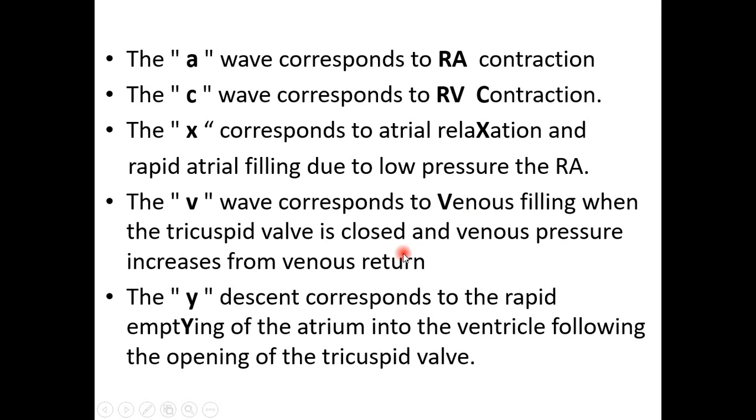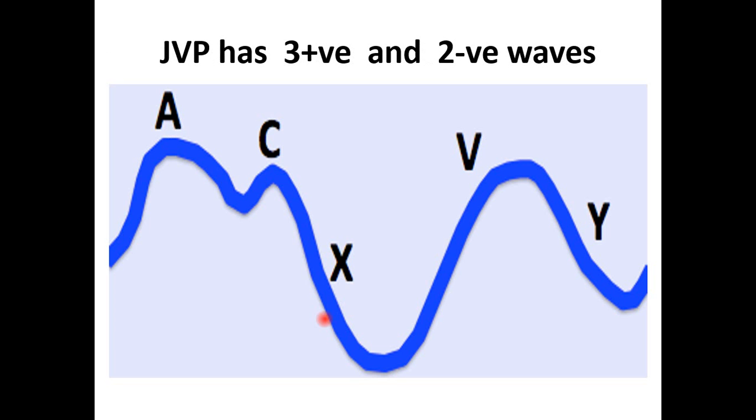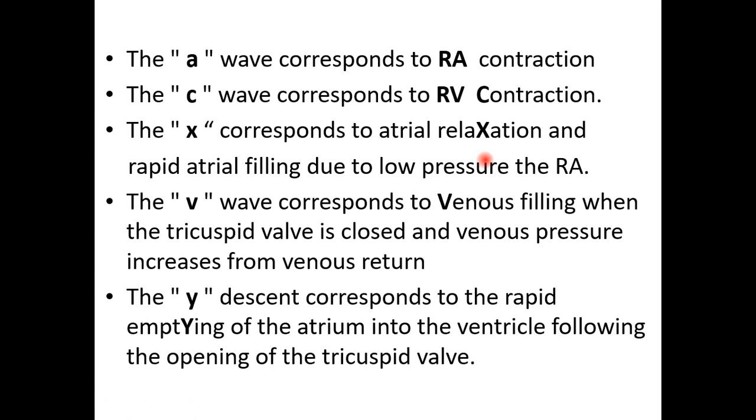So blood enters the right atrium, and there is venous filling and congestion. The tricuspid valve is closed. When the tricuspid valve closes, the V wave appears at the end. So the V wave corresponds to the venous filling when the tricuspid valve is closed.